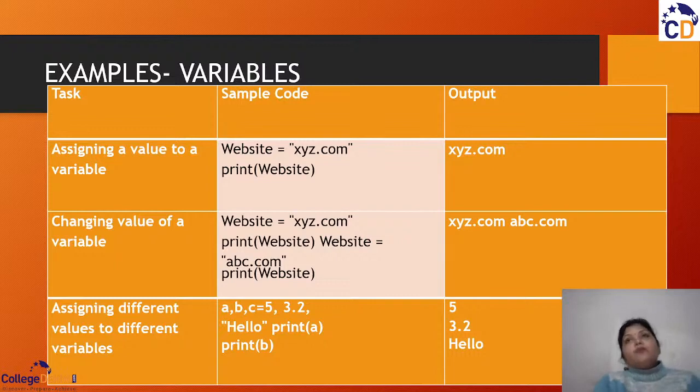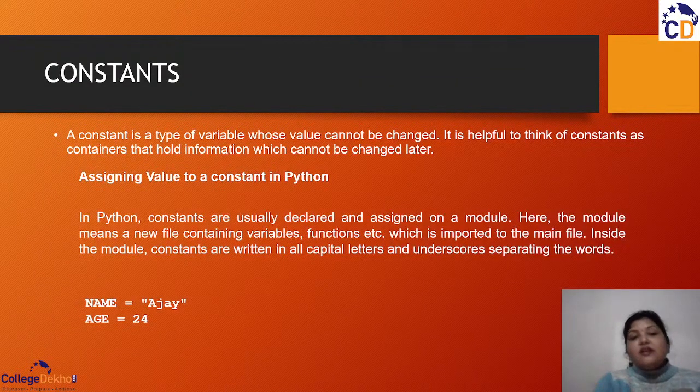And make sure while defining, a variable can hold uppercase and lowercase characters, right? Whereas when we have constants, make sure you define the constant with capital letters. Why? Because it is easily understood from the capital letters that these values are holding constant values. You cannot change these values later in the program.